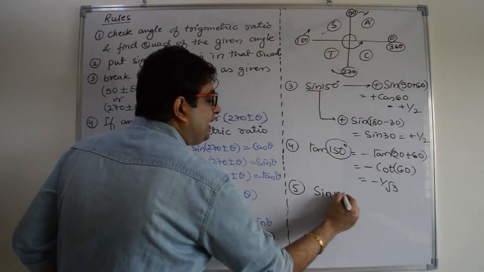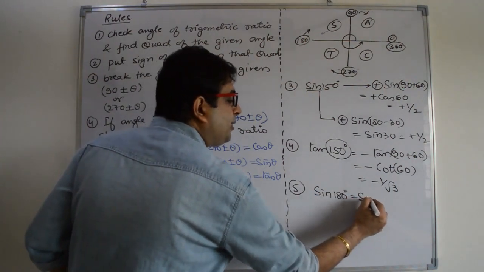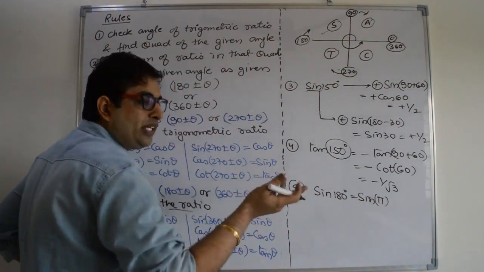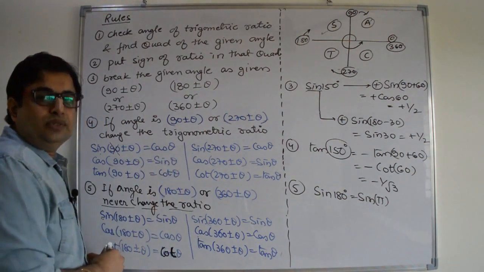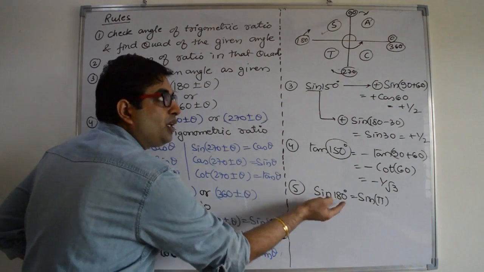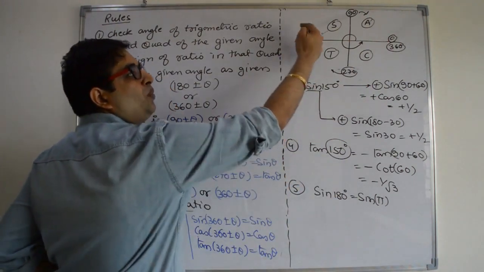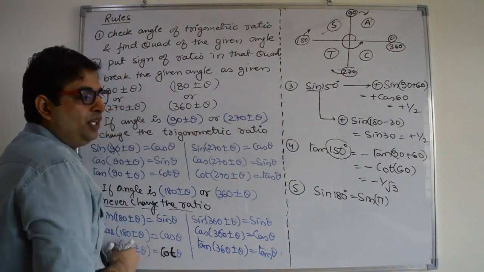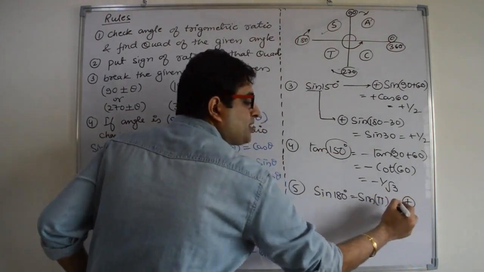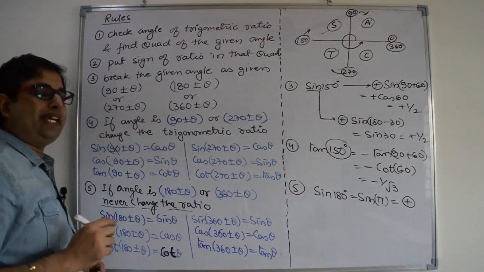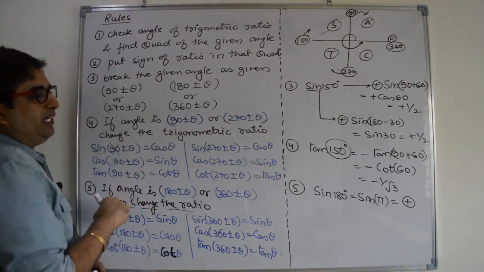Sine 180 degree, or you can say sine pi radian. Both are same thing. So check the angle 180. Check the quadrant, second quadrant. So we can say it is positive because sine is positive in second quadrant. Now break the angle.